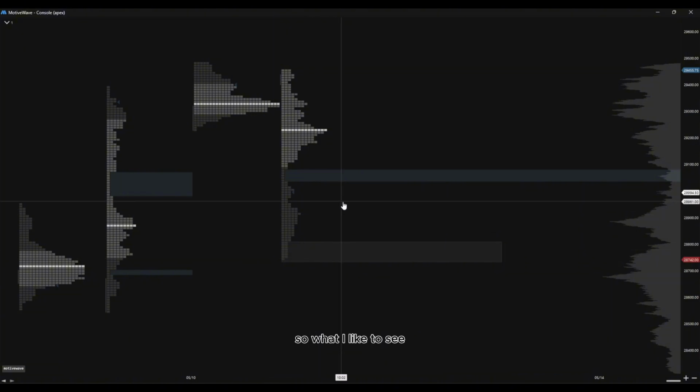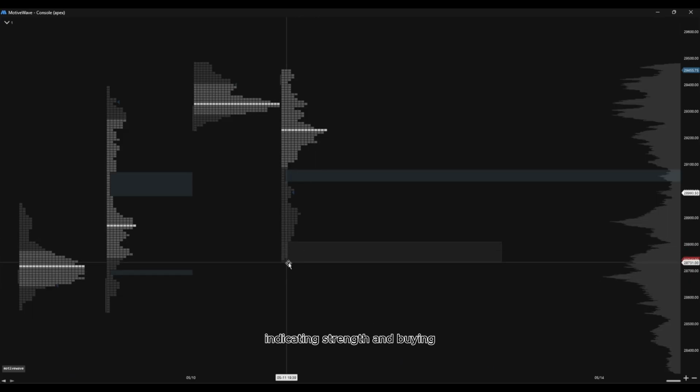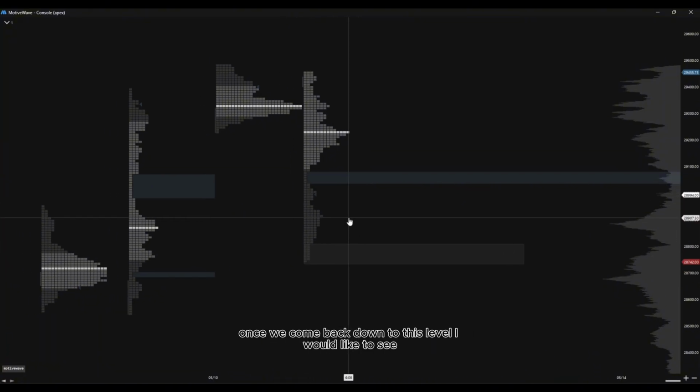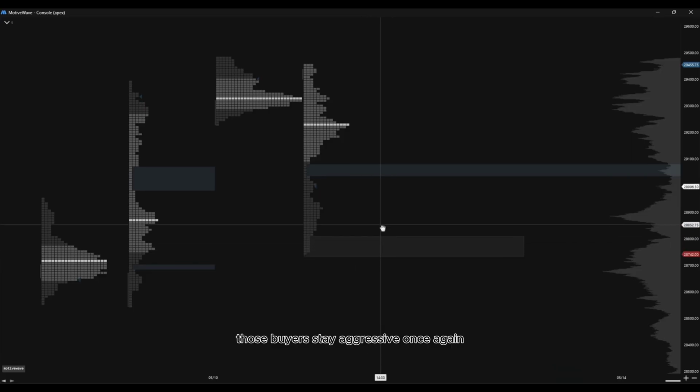So what I like to see is tails hold, or I like to see them repeat the same pattern. So we have a buying tail indicating strength in buying. Once we come back down to this level, I would like to see those buyers stay aggressive once again.